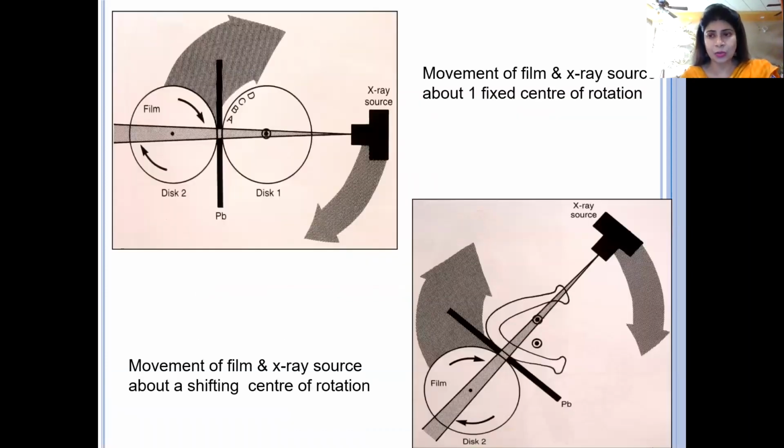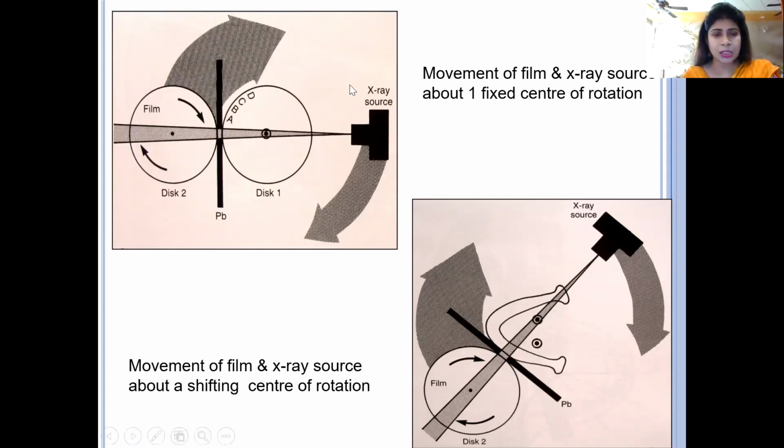However, it has its own disadvantage, because the moment you make the patient move in an axis, it is very difficult to maintain stability in the patient. So the required or the desired image could not be obtained.